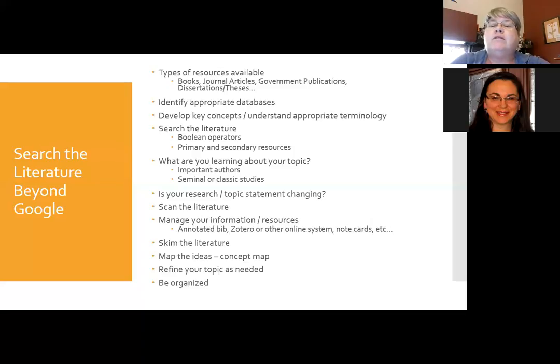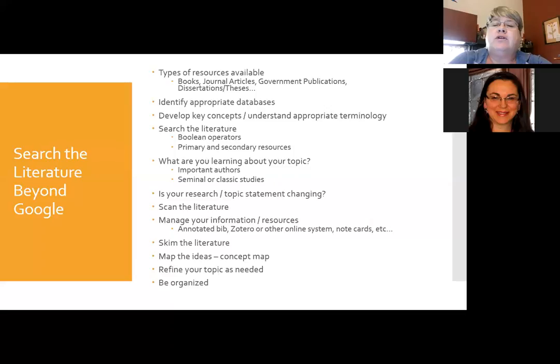You might also look at subject terms in records because those are going to help you think about other ways to say what you're trying to say and provide you with other words that you might try searching. So you can learn what terminology is used for the concepts that you're searching.